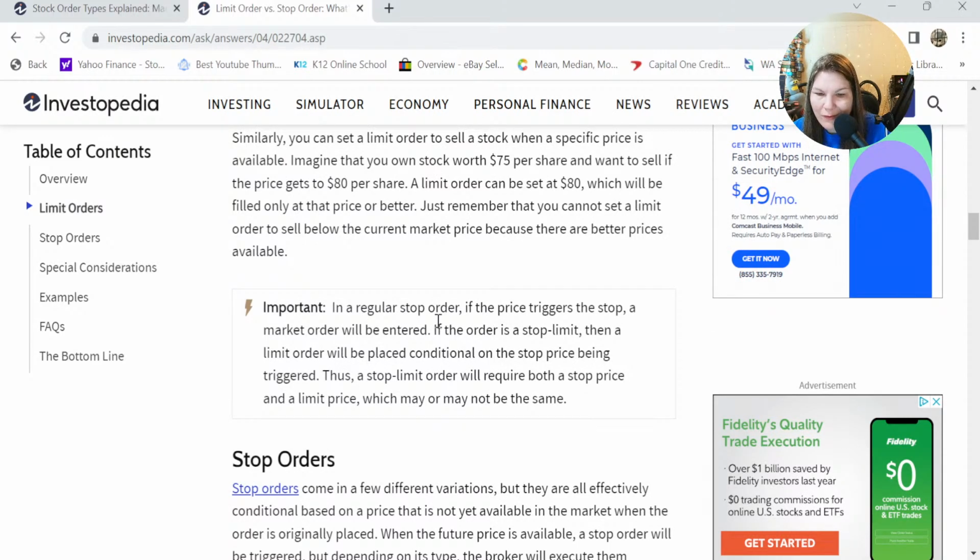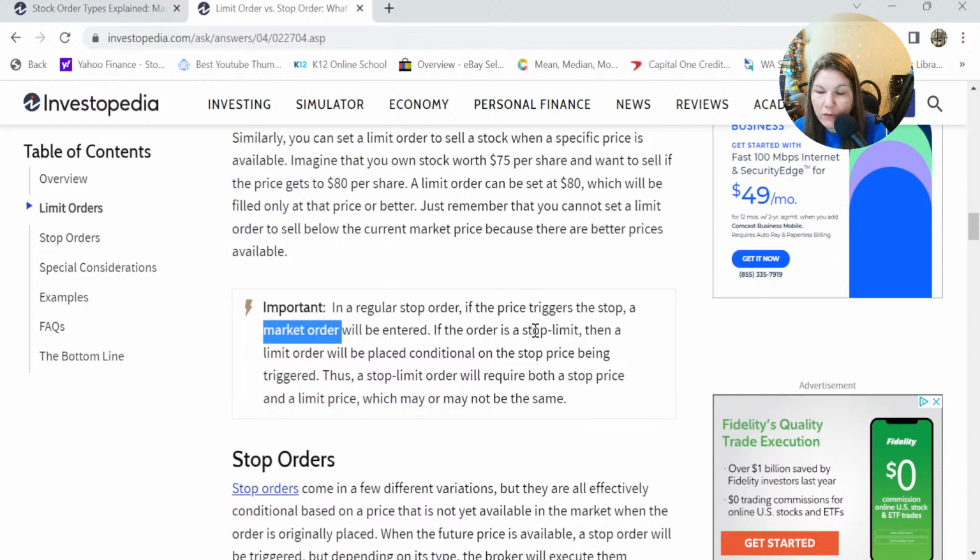So these are things we have to understand, because if you place a regular stop order and it triggers, you're going to have to use a market order. And what did we learn yesterday about a market order? That we paid almost 30 cents extra per share when we ordered the market order versus the limit order. So a regular stop order will use a market order.